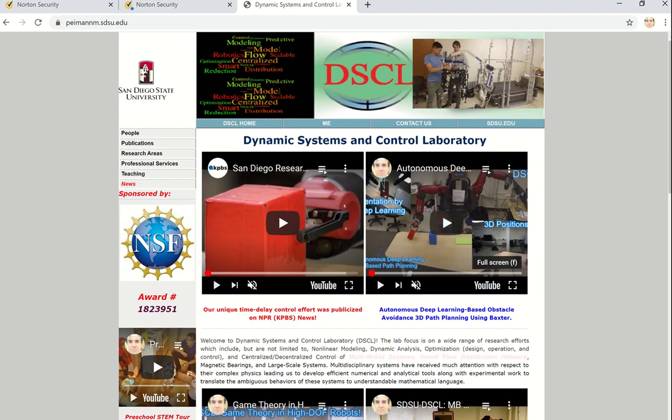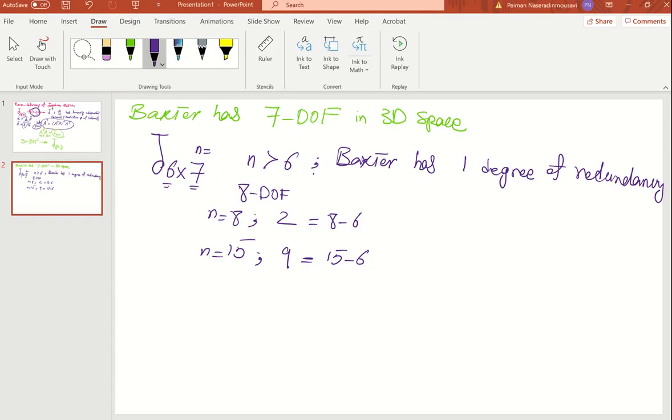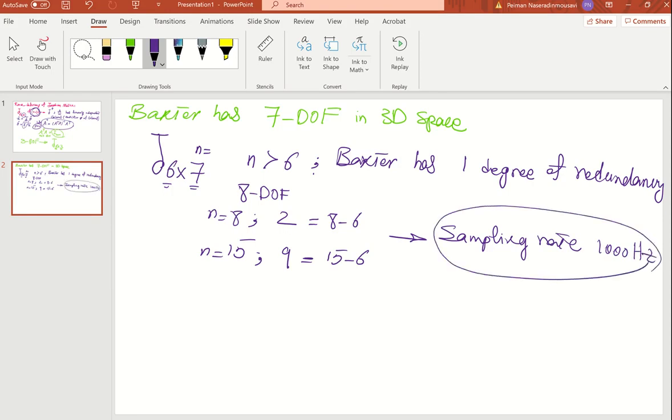The sampling rate of the Baxter in the best scenario is 1000 hertz. If your calculation at each iteration is not within this time, you are going to have time delay, so it's going to be an unstable system. We published too many papers. Please go to see my lab.